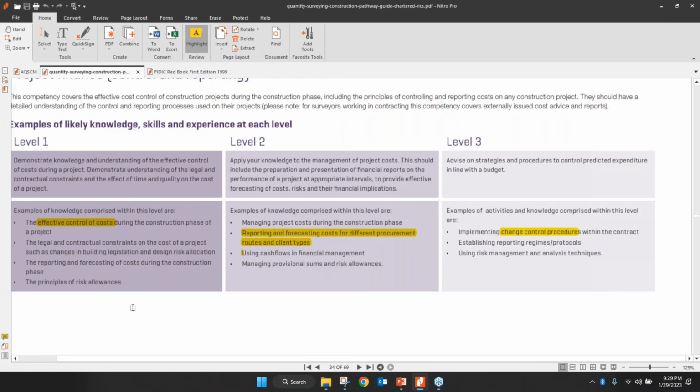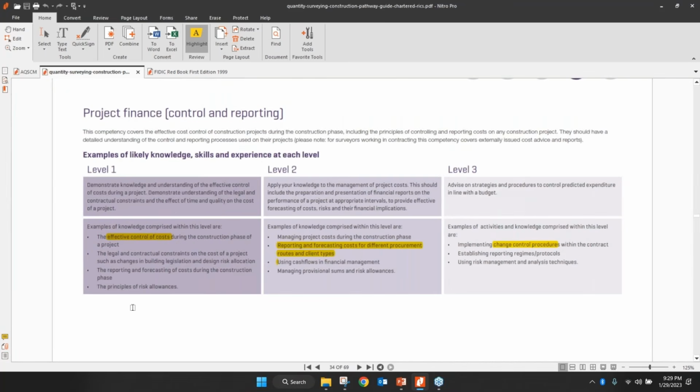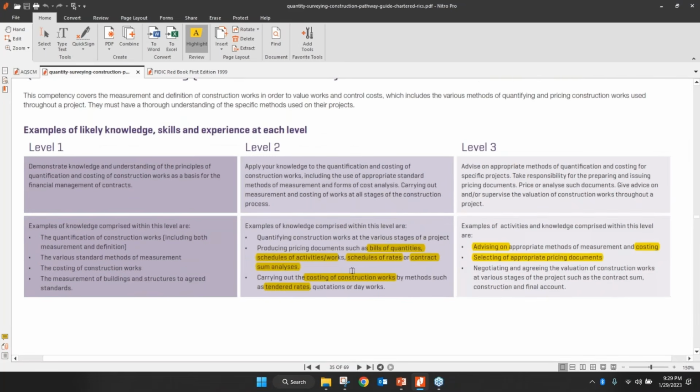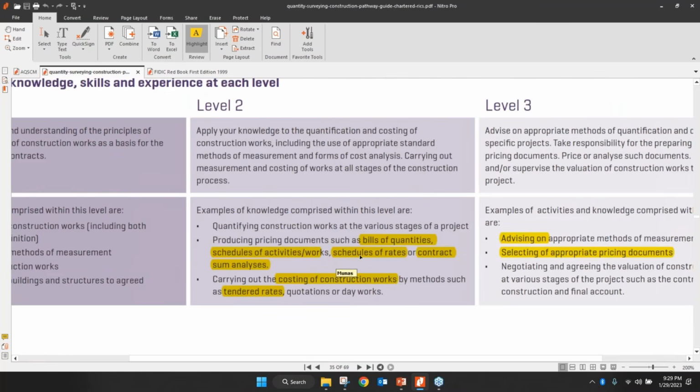Those are different. And if you go here, quantification and costing: schedule of activity or work, schedule of rate. Are they the same? Many people will say it is the same. Asking the question, schedule of work or schedule of rate, are they the same? What do you think? No. Maybe some people already have the misunderstanding that it is the same, but no. Many people don't have the idea.